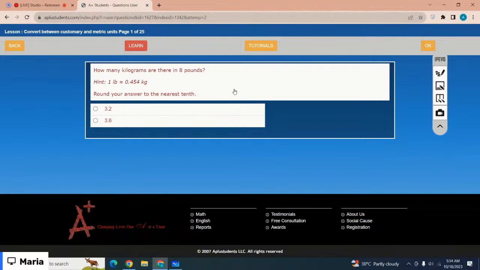The correct option is 3.2, right? You have to multiply 8 times 0.454. That is 3.6, not 3.2, right? The correct option is 3.6.